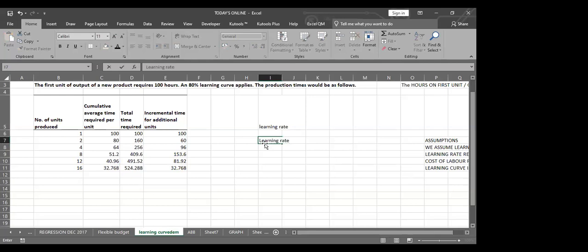You take the current average time per unit and divide by the immediate previous average. So that is how you may get that. I'll put that in its formula probably later on, but it's a quick way of just making sure.